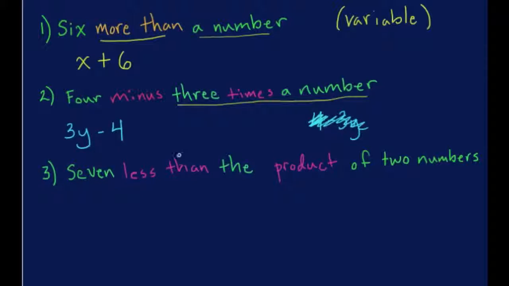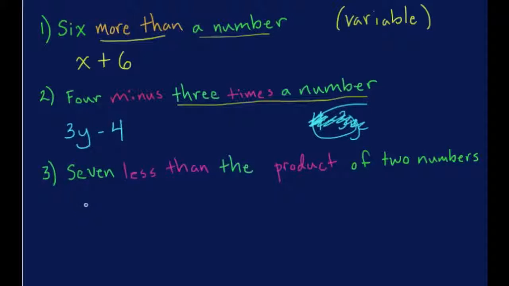Okay, because you're taking away 4 from 3 times y. That's the way you would explain it. You're not taking 3y away from 4. That would have been this problem that I crossed out for you right here. Okay, so hopefully you guys understand that whenever it's the 4 minus or a number minus, you put that on the back end of the problem there.